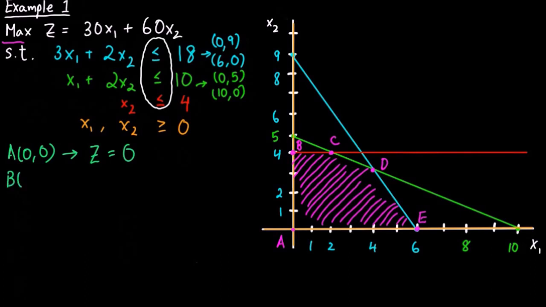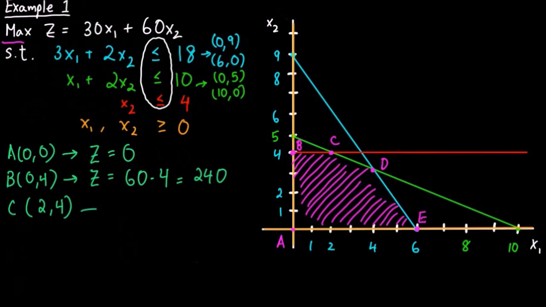Point B is at 0, 4, which gives z equals 60 times 4, which is 240. Point C is at 2, 4. So z is 30 times 2 plus 60 times 4, which is 300.